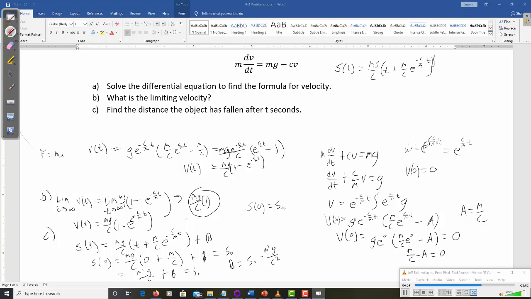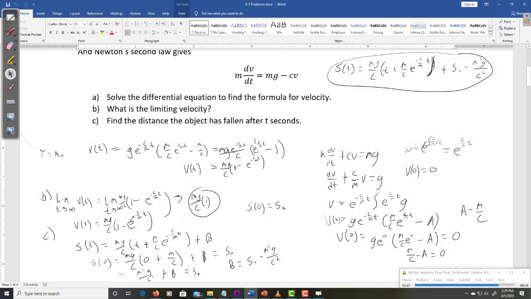And then b is the initial height minus m squared g over c squared. Honestly, this is probably fine for the original question, but I thought I would work it out in terms of whatever the original height was, because that would be the initial condition.